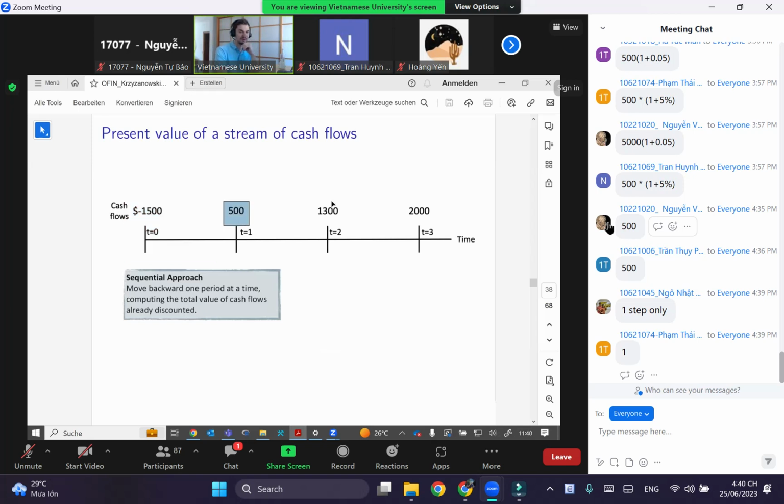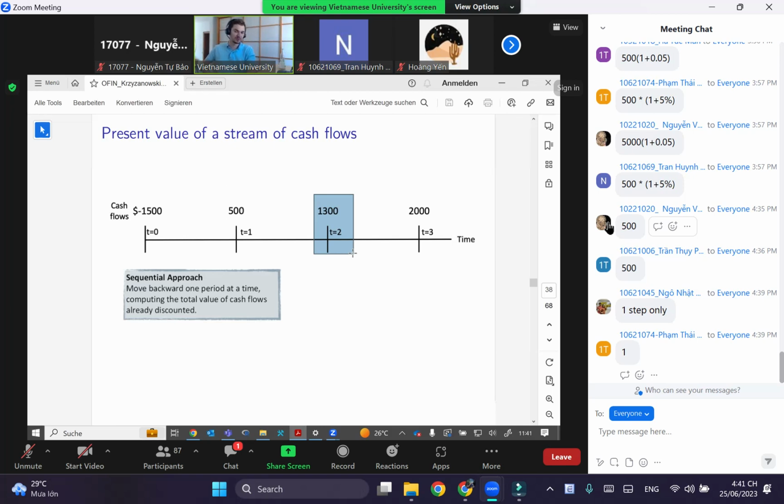What would be the present value of the 1,300, meaning the cash flow we obtain in period 2 as referenced to period 0, our present period? How would we calculate the present value of the 1,300 if we have 12% interest? And how many steps to go? Well, 2 steps to go, right?